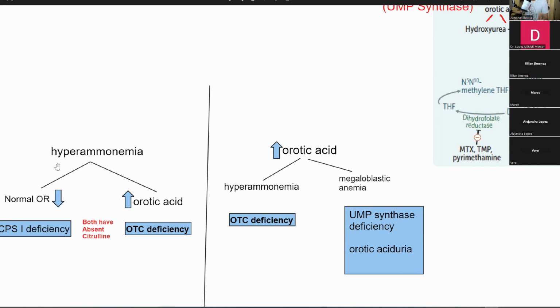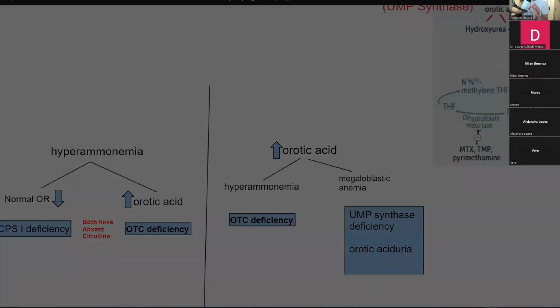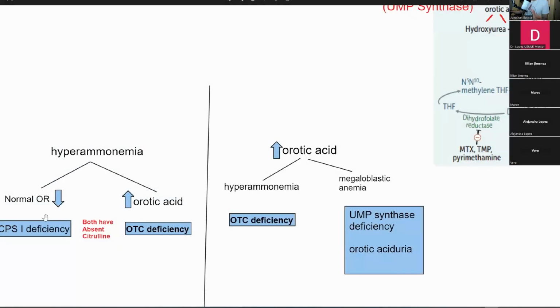Now you're seeing that if it's a hyperammonemia, you can tell that it is a problem in the urea cycle. But you're going to be able to know what the answer is by looking for uric acid. In OTC deficiency, you'll have increased uric acid.